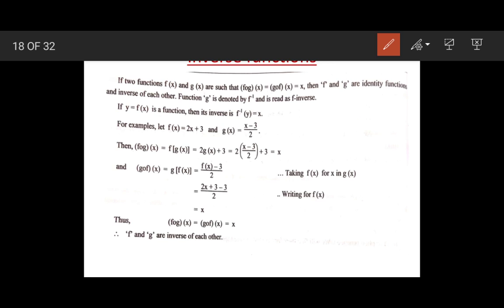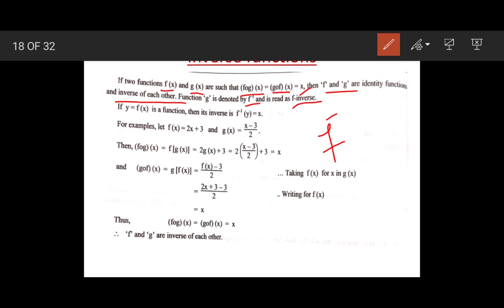If two functions f of x and g of x are such that f∘g(x) is equal to g∘f(x), and that is equal to x, then f and g are inverse of each other. So function g is denoted by f inverse and is read as f inverse.